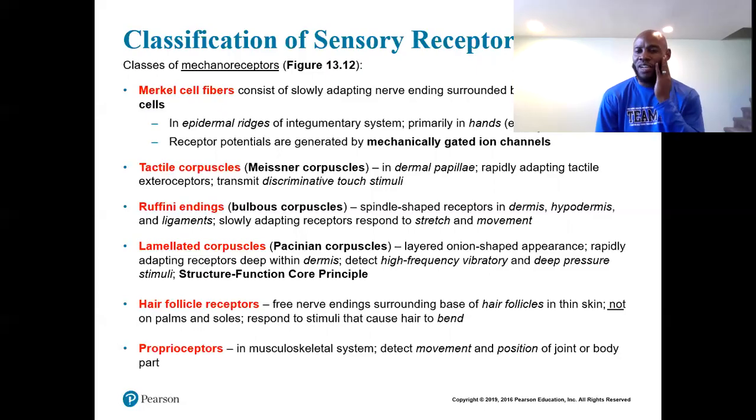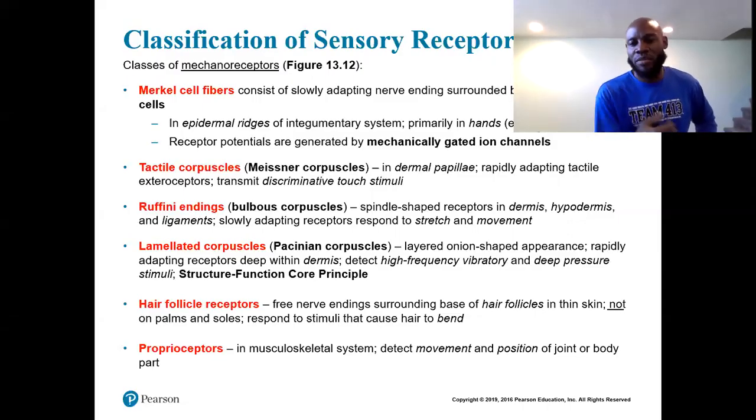Just touching her skin, whether it's pressure, somebody holding your hand, or just gently moving the hairs on your skin. We're very sensitive to touch. There are many different ways our mechanoreceptors can be stimulated, and we can communicate via touch.